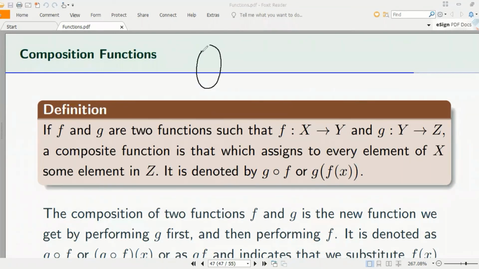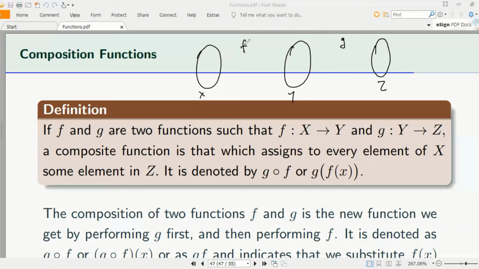I have elements of x here and I have elements of y. So f assigns elements of x to those of y. Then it stops here. Then g takes over and assigns those of y to those of z. One function assigns elements of x to those of y, and another assigns those of y to those of z.